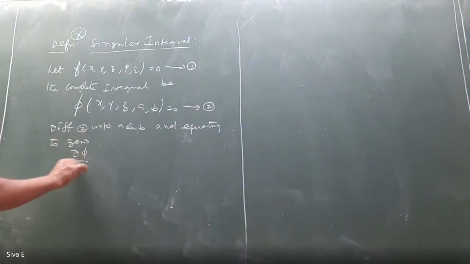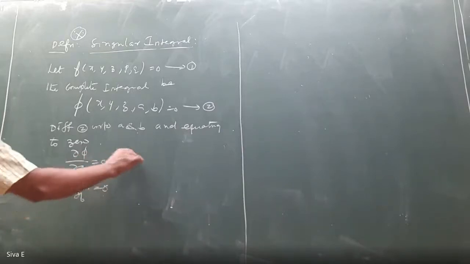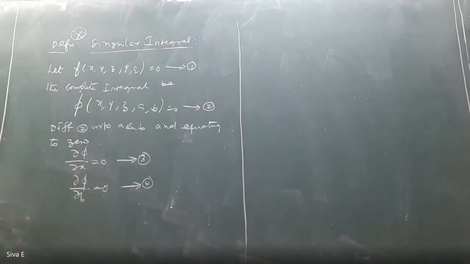That means ∂phi/∂a equal to 0, ∂phi/∂b equal to 0. This is equation number 3. This is equation number 4.